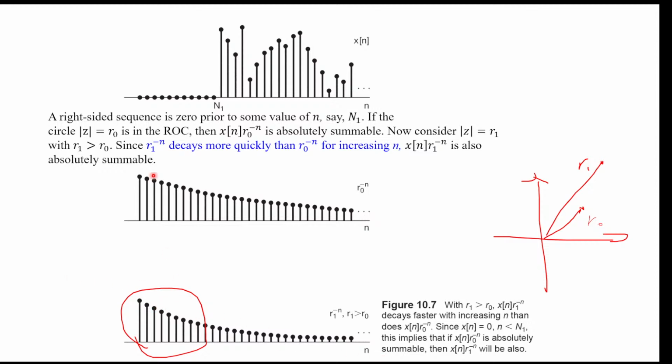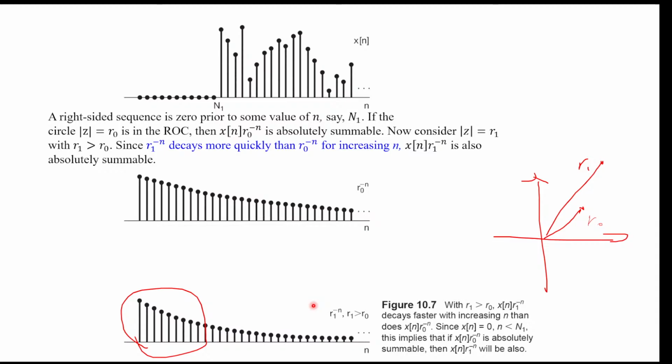Because the sequence is bounded on the left side, the only way it can diverge is the summation to infinity. But this R1 sequence will decay faster than the R0 sequence on the right-hand side. So if the R0 sequence is convergent, this R1 sequence must also be convergent, just because it decays faster to the right-hand side for increasing n. This is the same logic for the right-sided signal as we have in chapter 9.